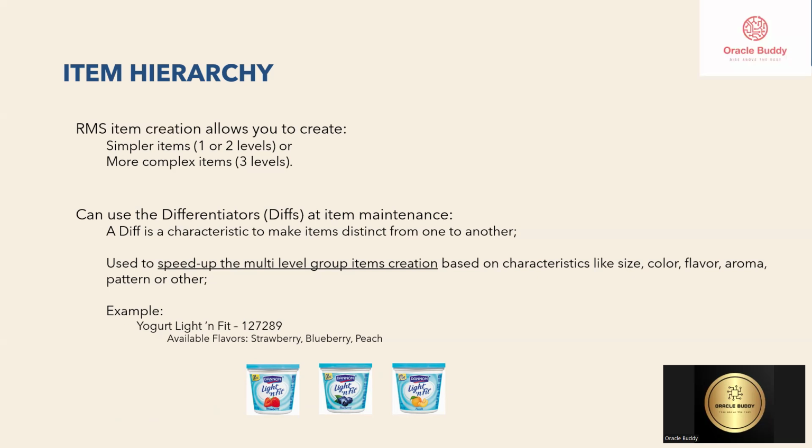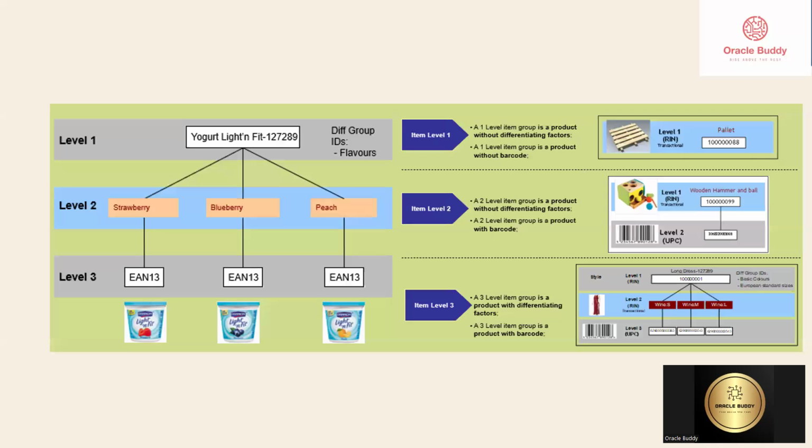We have a yogurt with an item number, which is available in different flavors: strawberry, blueberry, peach, etc. The yogurt is the style, and under that there will be different SKUs based on the differentiator, here the flavors. This is the overall picture of the item hierarchy.